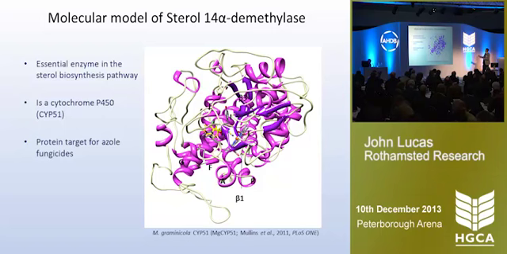It's actually present in the sterol biosynthesis pathway, which makes the membrane of the fungus, and when that's inhibited, the fungus can no longer grow. And what we need to know about it is that this is the part of the molecule that interacts with the fungicide, and if this part of the molecule is changed physically, there can be compromised activity of the fungicide.